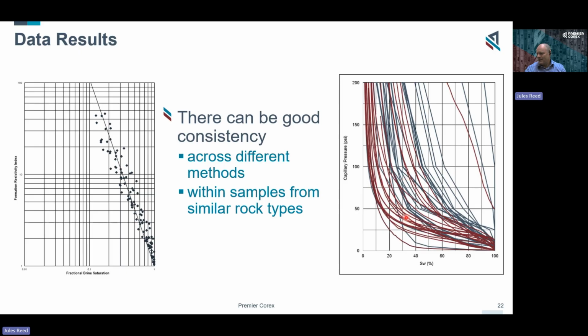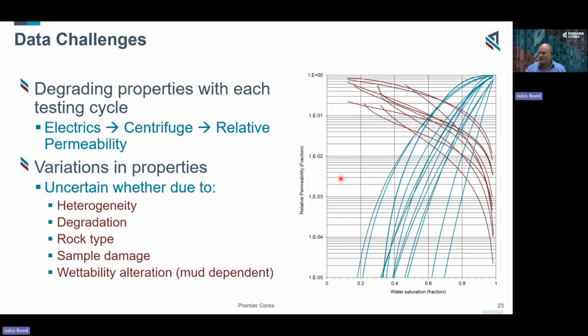So there's good correlation, in this particular case, between the two different data sets. However, there can still be some challenges where you have some wide variation of data. This is showing you relative permeabilities performed on sidewall cores, rotary sidewall cores. There's a wide variation of properties here.